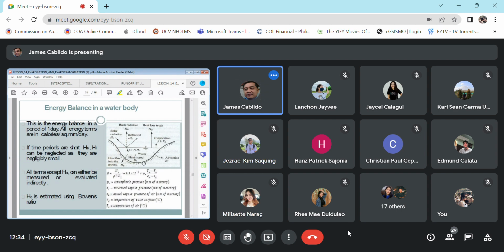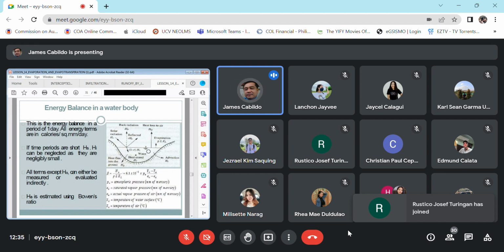We have there a solar radiation H sub C, the incoming solar radiation, we have the back radiation H sub B, reflected radiation R H sub C. So we have the net energy absorbed by the water, which is 1 minus R times H sub C.